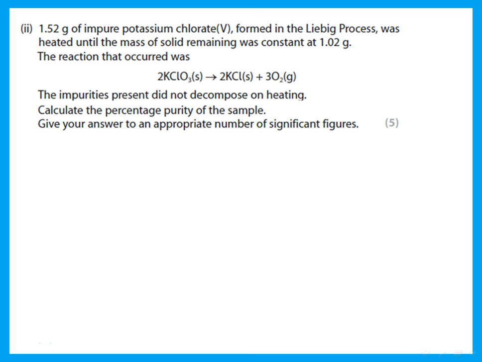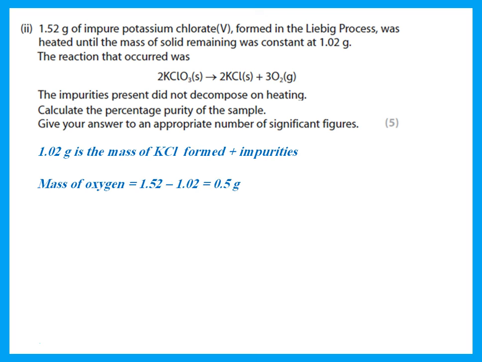So what I need to use is find out the mass of the oxygen. Remember that the total mass of reactants is equal to the total mass of products. So the mass of oxygen is the difference between 1.52 and 1.02. So I have oxygen is 0.5 grams.